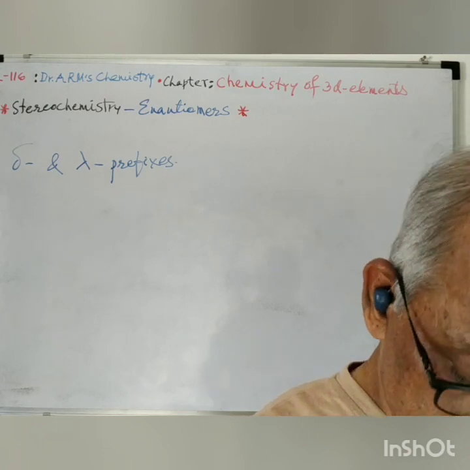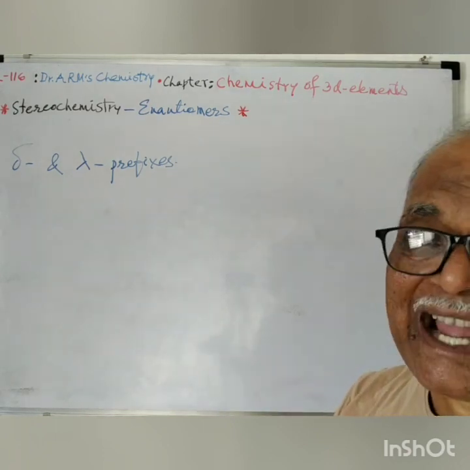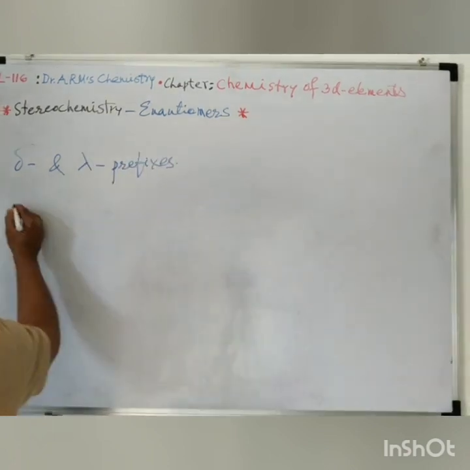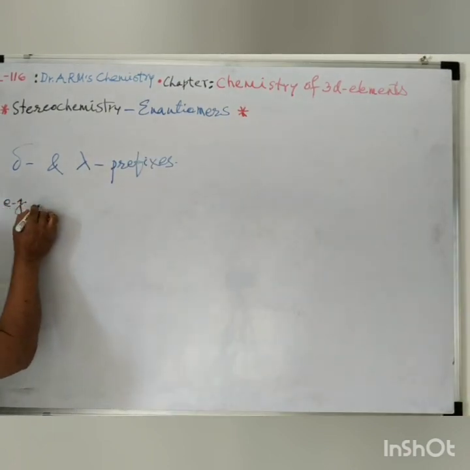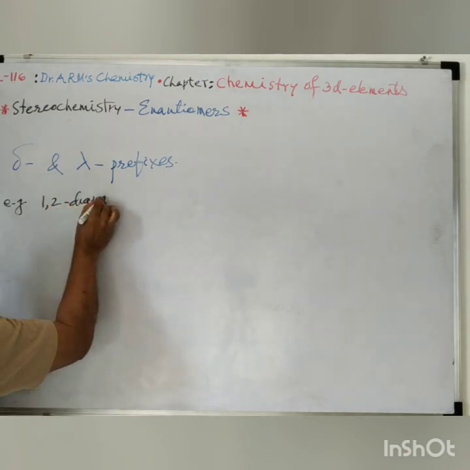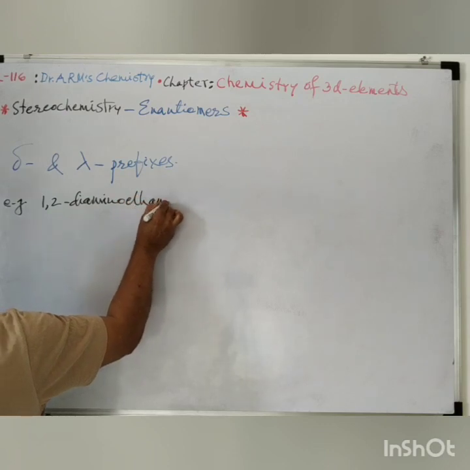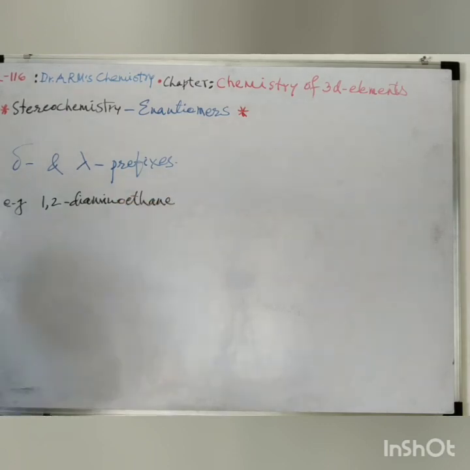Now if we consider the example of 1,2-diaminoethane, these ligands are attached to the metal center and they form 5-membered ring structures.